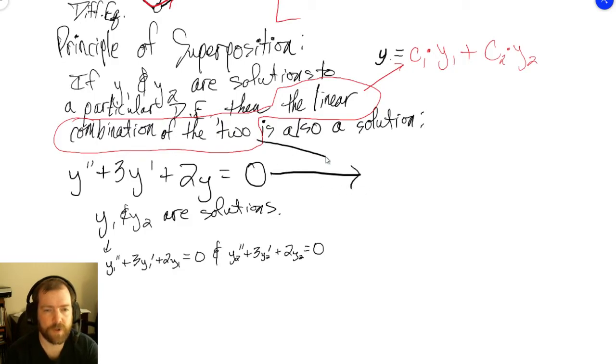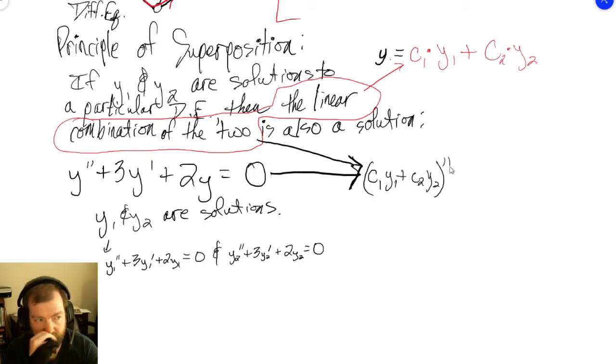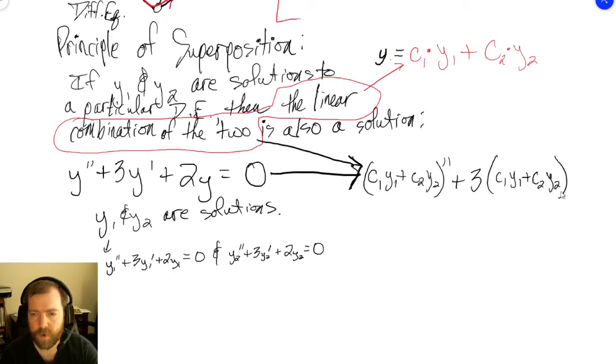Then if we try to show that the linear combination of these two is also a solution, we plug it in and end up with (c1y1 plus c2y2) double prime plus 3 times (c1y1 plus c2y2) prime plus 2 times (c1y1 plus c2y2) is equal to 0.